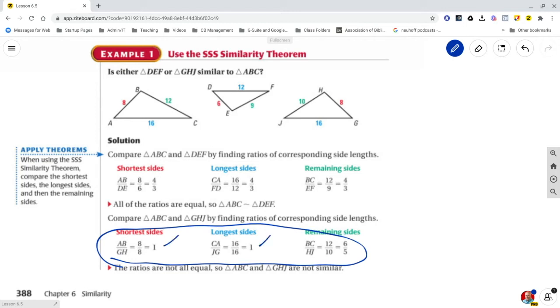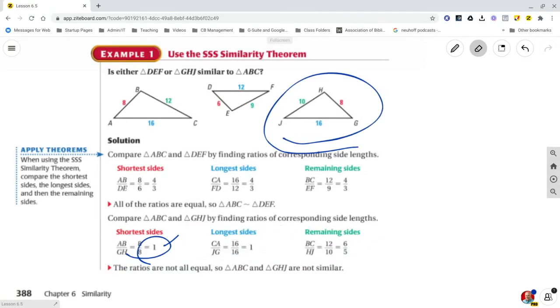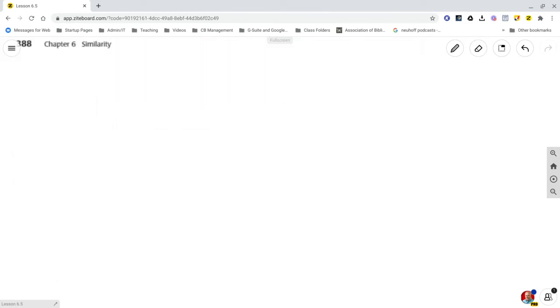And when we do this, we see two sides have the same ratio, but the third one does not. For this triangle to have been similar, this last ratio would have needed to be 1, so it would have been the same as the other two. Since the third sides had a different ratio than the first two here, we know that those two triangles are not going to be similar.